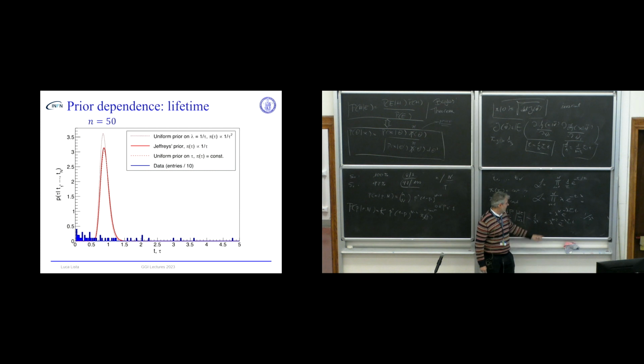In the other case, you just have n. So you see, this is exactly the same expression. Here you have n, because this is equal to lambda to the n times e to the minus sum of t_i times lambda. So here you have n, which gives you the denominator. Here it becomes n minus 2.